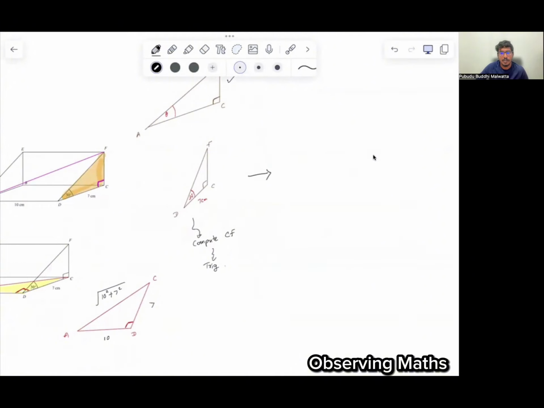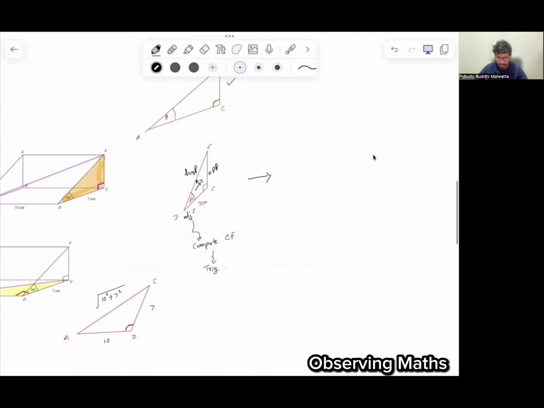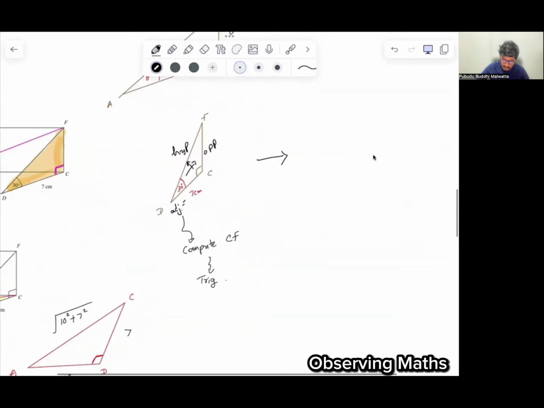So I would like to write tan, because CF is the opposite, and the hypotenuse is always opposite to 90 degrees. So this is the adjacent. Please use tan 30, opposite over adjacent.